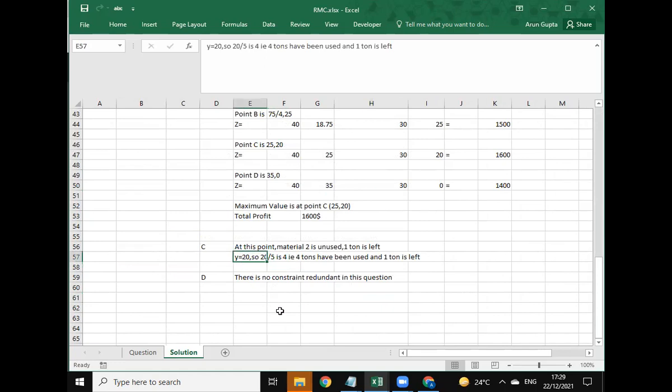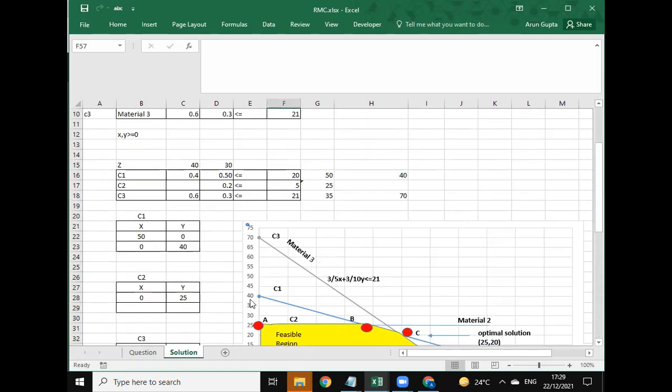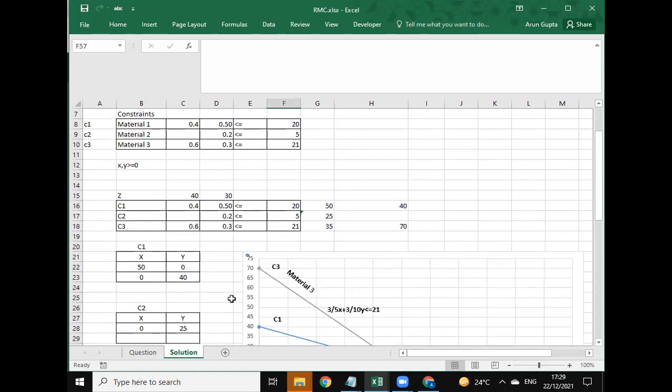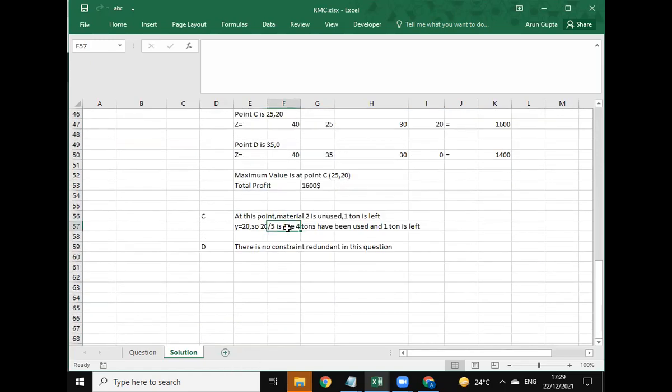So if y equals 20, then 20 divided by 5 equals 4. Out of 5 we have got 4, so 1 ton is left here. So this is the solution for part C.